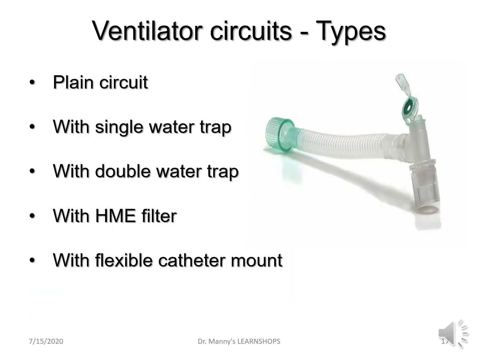So, when we look at ventilator circuits, there are many different types. But you've got circuits that are considered to be plain, with a single water trap, with a double water trap, with a heat moisture exchanger, with a flexible catheter mount.